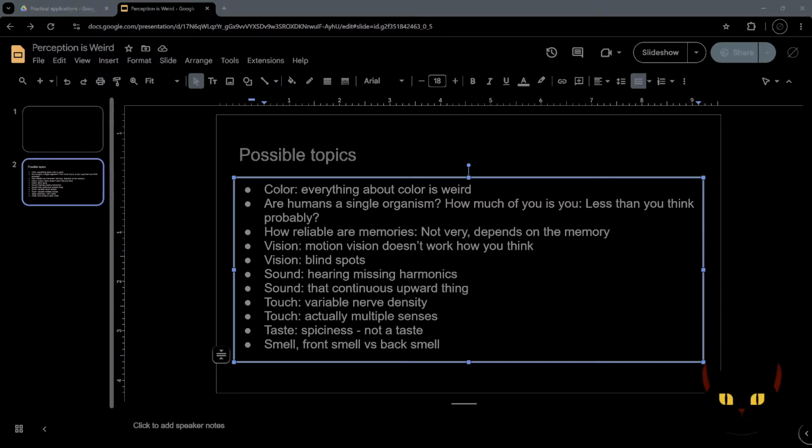If you take a smell in through your mouth and then blow it out through your nose, it smells different. So your nose can tell whether you're smelling from the front of the nose or from the back of the nose, from your mouth, basically. So that might be an interesting video.